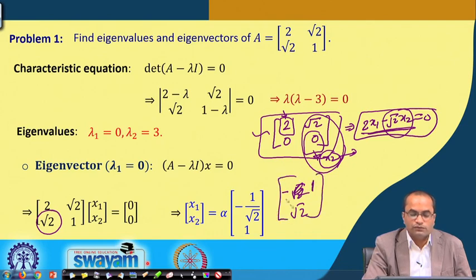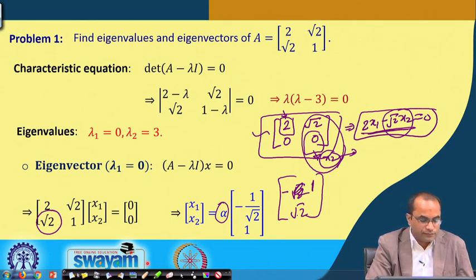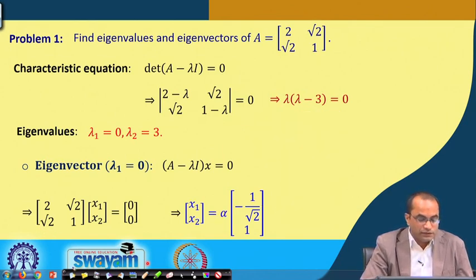So, this vector also we can take, minus 1 and square root 2, or we can take 1 and minus square root 2. So, we can multiply by any number here, that will be the characteristic vector here, or the eigenvector of the given equation.